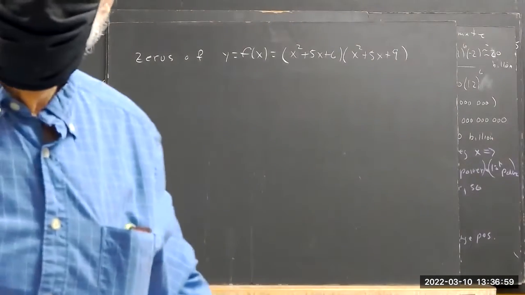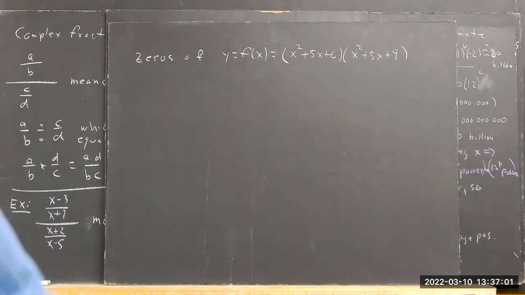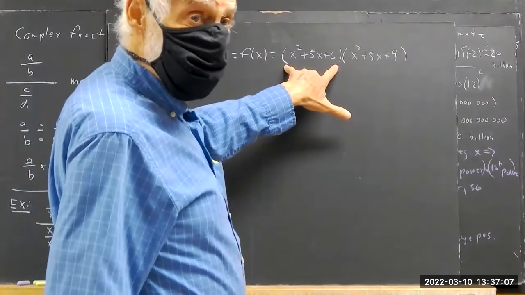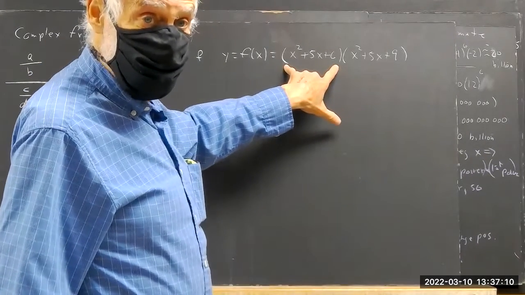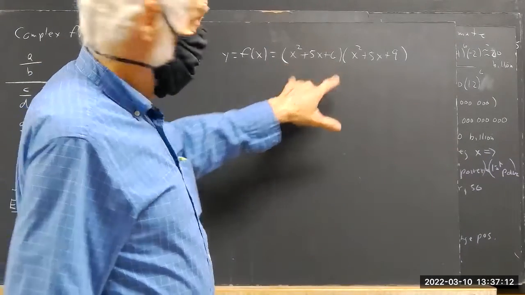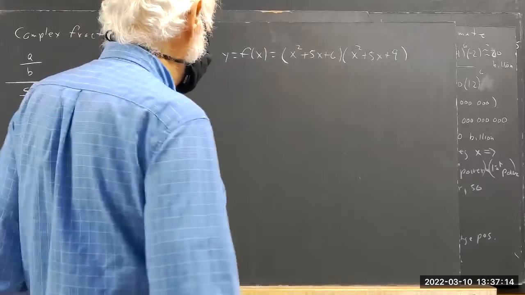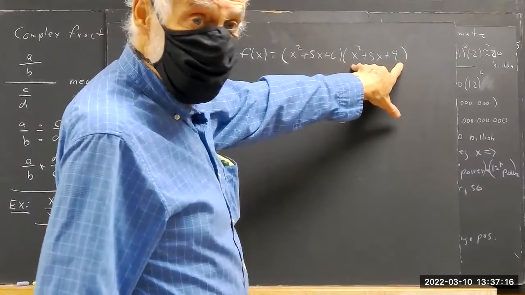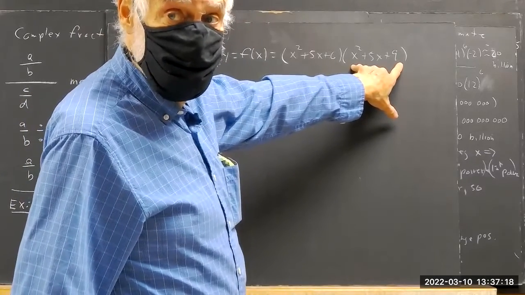Okay. How are we going to find the zeros of this function? Well, it should be clear that if this expression is 0, you have a 0. Then that makes the whole thing 0. Or if this thing is 0, you get the whole thing 0, right?